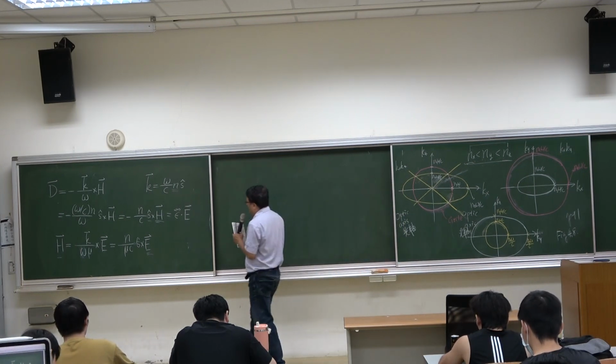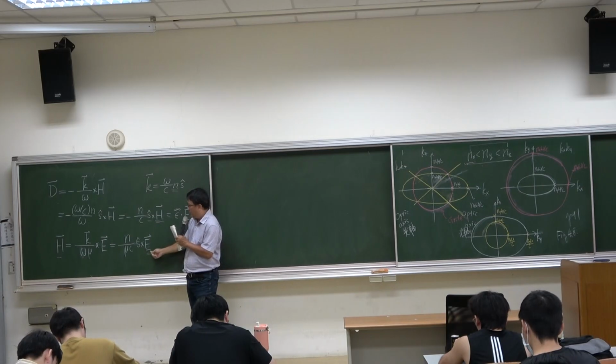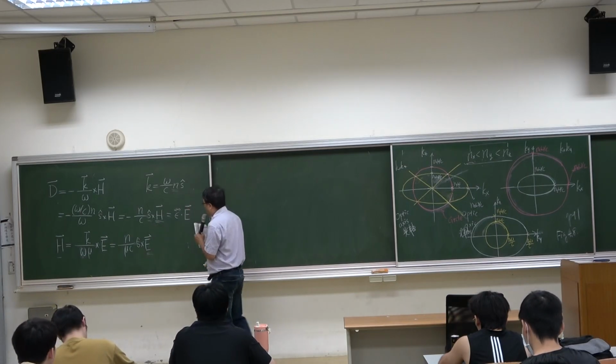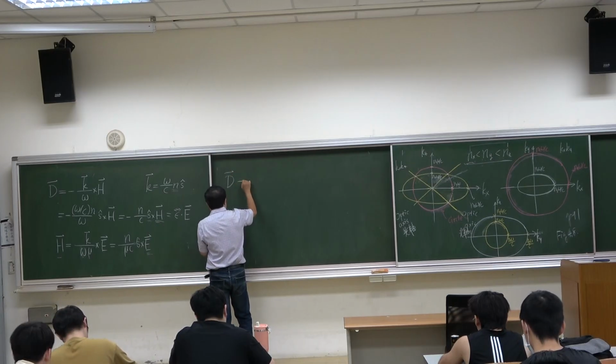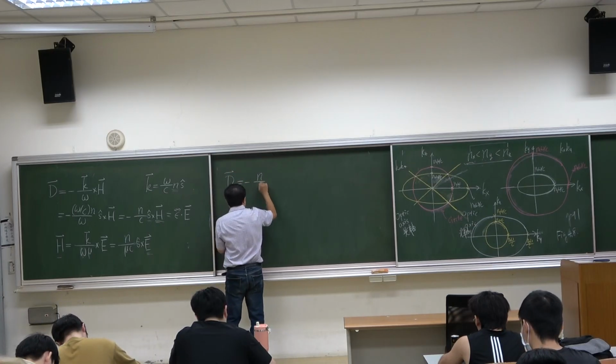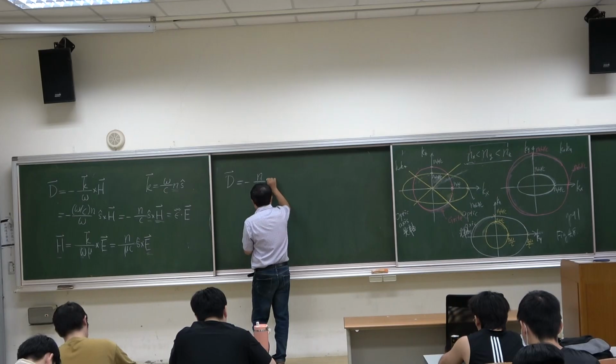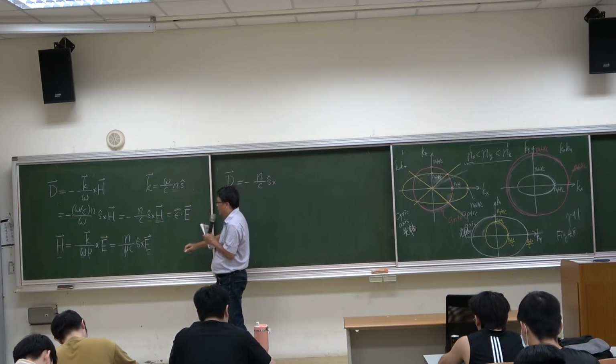So, if I substitute this result into the expression of the D vector, you get D equal to minus n over c s cross. What is H?